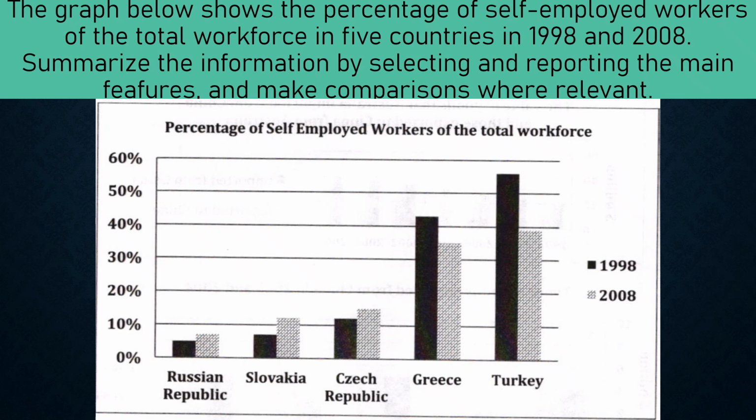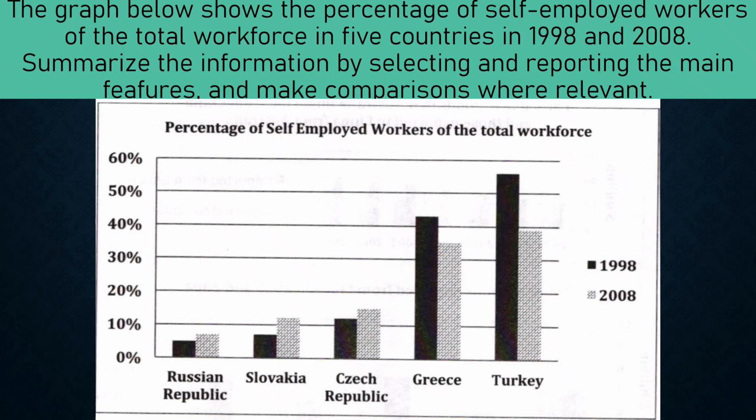In the last paragraph, now we will give a crux, our findings, what we can see overall in the chart. So overall, it is interesting to see that although the percentage of entrepreneurs in the Russian Republic, Slovakia, and Czech Republic was much lesser than those in Greece and Turkey, their interest in doing their own business grew with time.